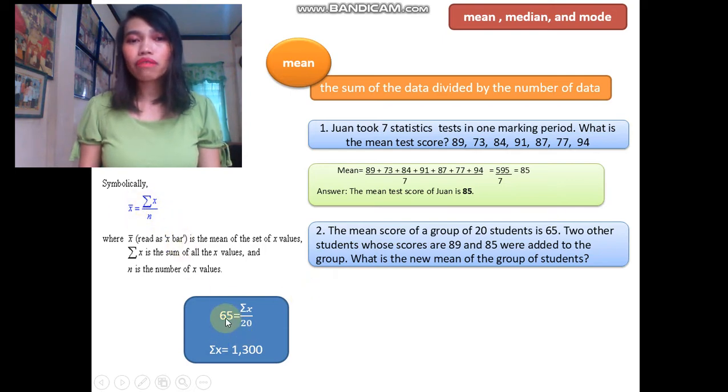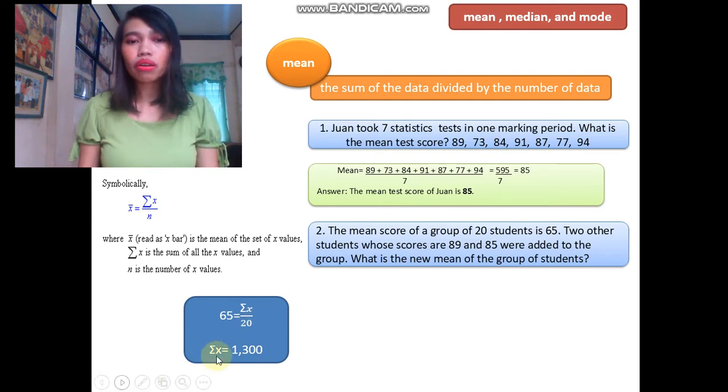So 65, and then this is our unknown, the summation of x, the sum of all scores of the first group, divided by 20, which is the number of x values. So to do this, you cross multiply.